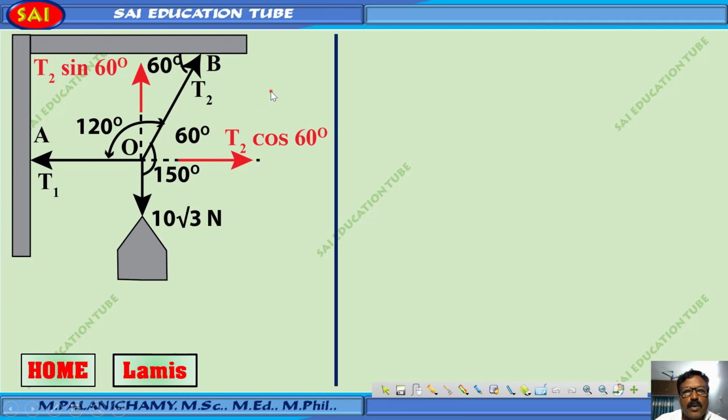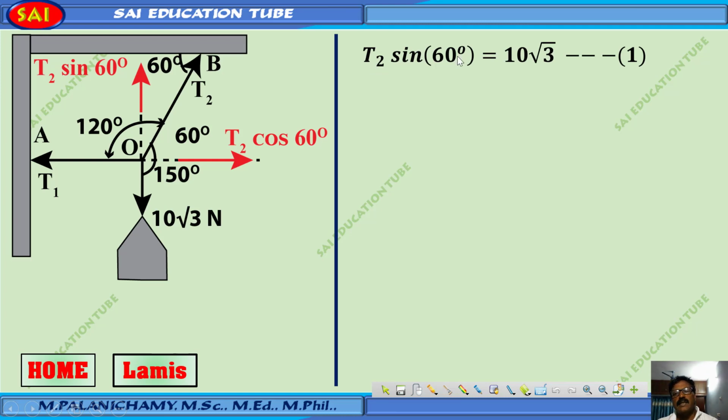Okay. Now, the vertical components can be balanced or equated. Therefore, the upward component T2 sin 60 is equal to the downward component, that is the weight of the body, 10 root 3. Therefore, the equation is T2 sin 60 equal to 10 root 3.